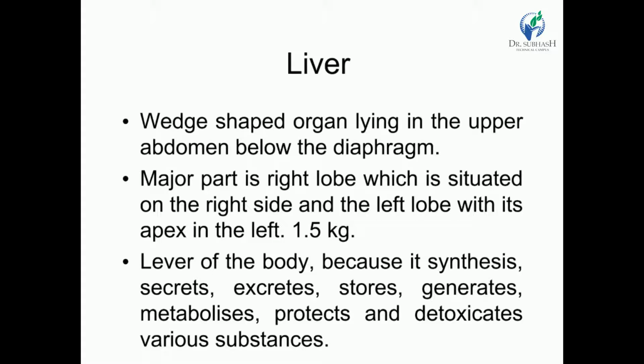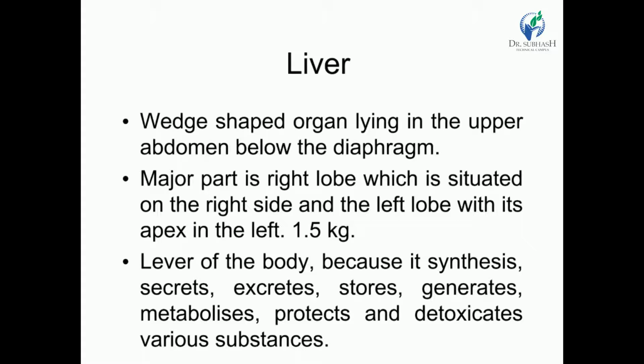The diaphragm is a dome-shaped layer which separates the thoracic cavity and the abdominal cavity. In the thoracic cavity there are the lungs and the heart, whereas the other organs are present in the abdominal cavity.